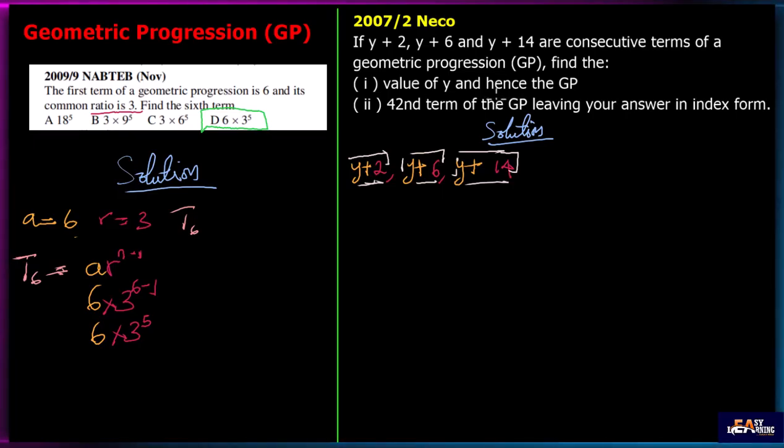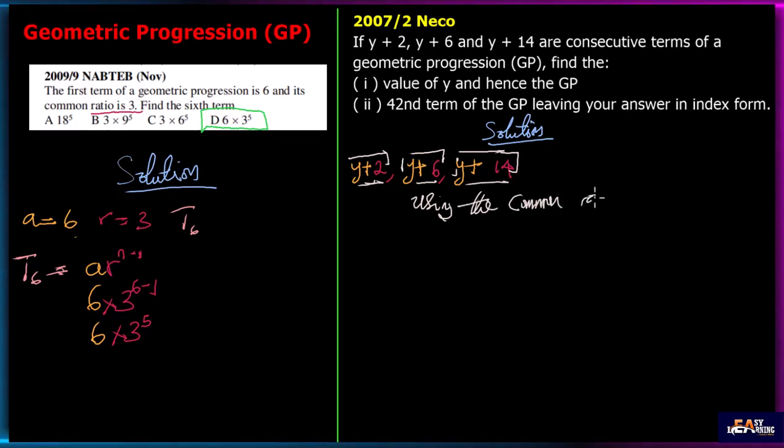Since we are told that it is a GP, the first thing we are going to do is use what we call the common ratio rule.